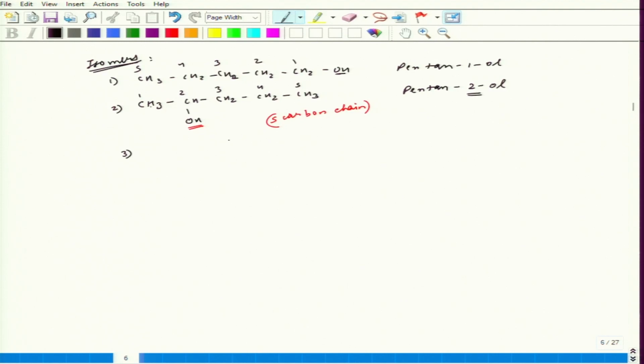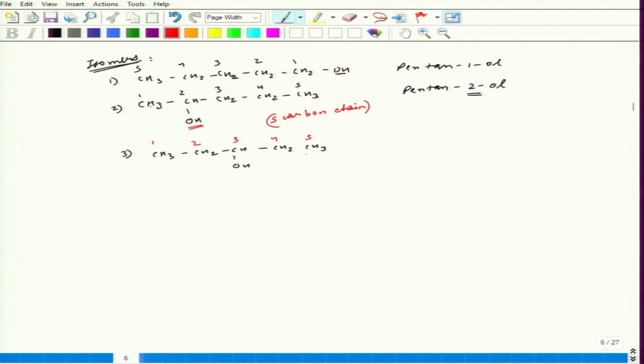Now the other thing. CH3, CH2, CH, OH, CH2, CH3. Now what is the name? It's still a 5 carbon chain, right? 1, 2, 3, 4, 5.